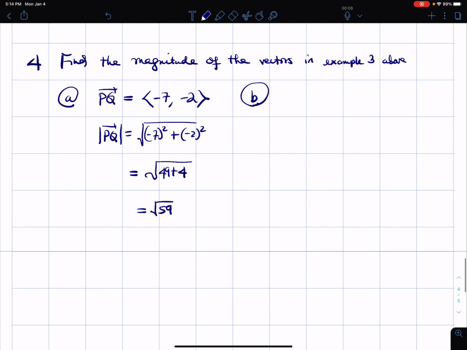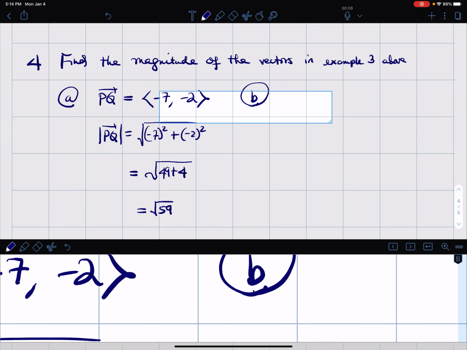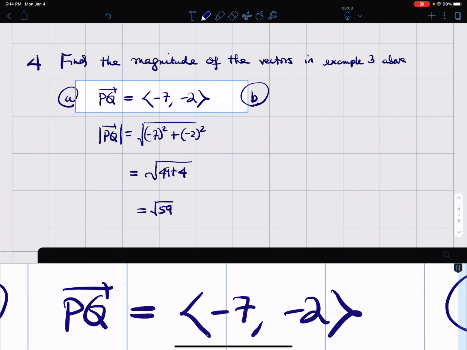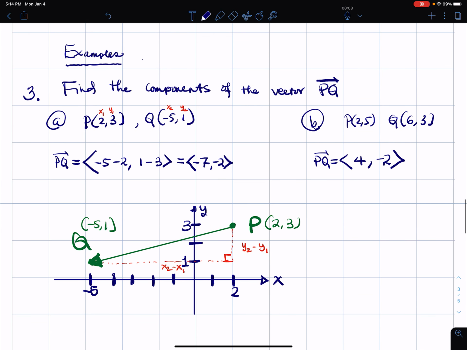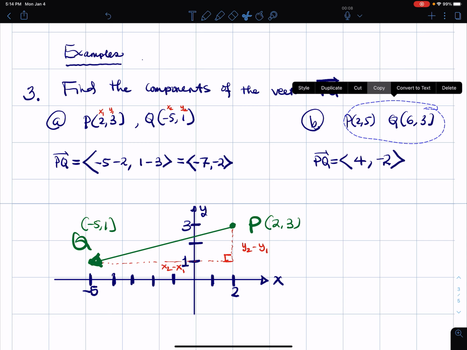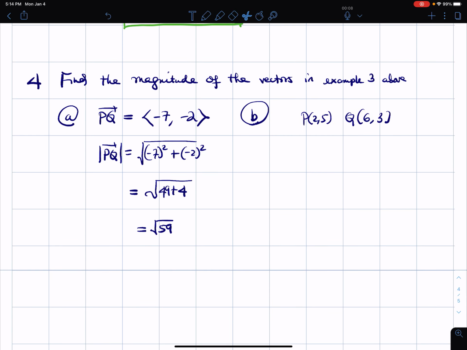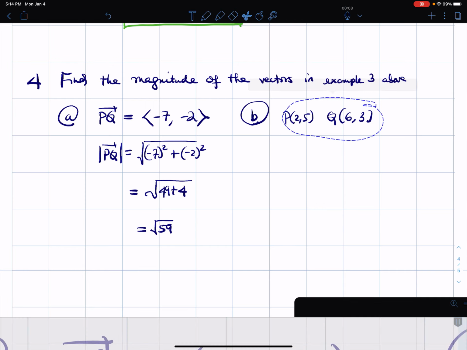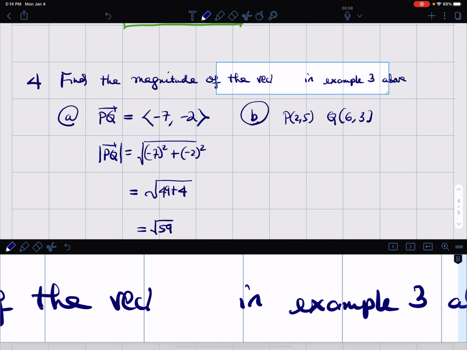In the first one I just wrote the answer we got. The second one, I'm going to pretend that we hadn't done the problem. We're going to specify what P is and what Q is. Okay, so find the magnitude of the vector PQ.